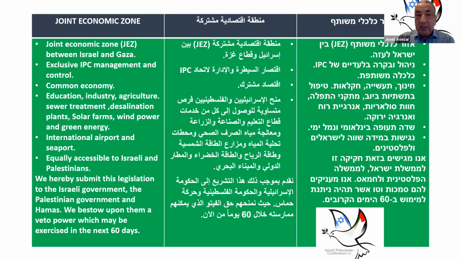Let's have the Palestinian parliament members vote. This is for the joint zone or the Kalandia? Both the joint economic zone and the Kalandia. How can you vote for both? I don't understand that because it's two different things.